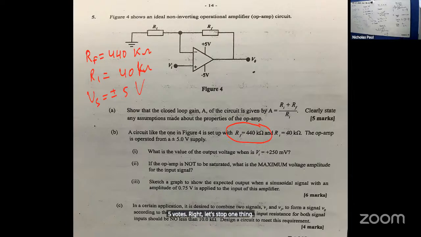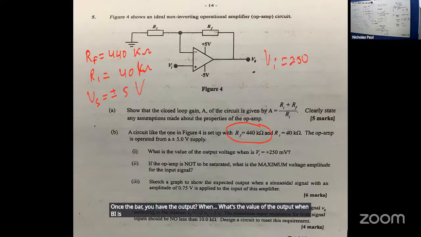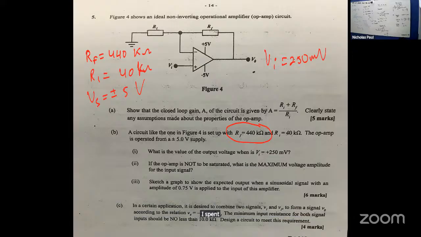What's the value of the output when Vi is 250 millivolts? To find the output, we need the gain. Can you find the gain for this op amp? What's the formula again?